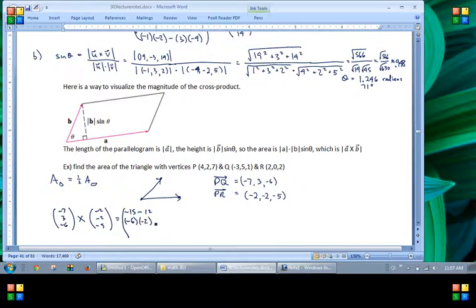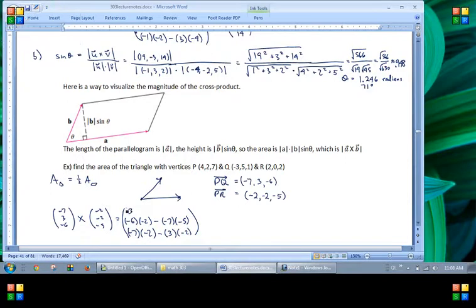-6 times negative 2 minus negative 7 times negative 5. And then the next component will be negative 7, negative 2 minus 3, negative 2. Okay. And let me go back and do that for the first component also.